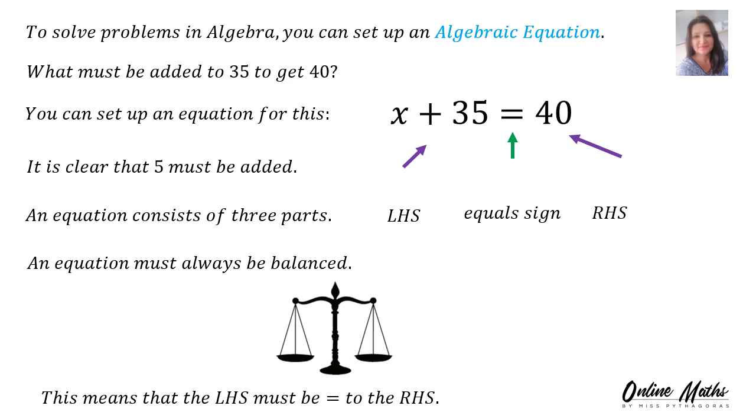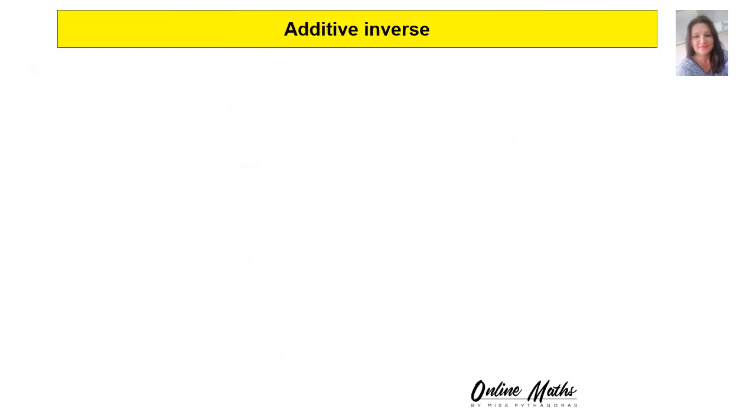Now, before I explain how to solve an algebraic equation, I want to remind you of something from a previous course where I explained the concept of additive inverse in mathematics. Additive inverse: every integer has an opposite.